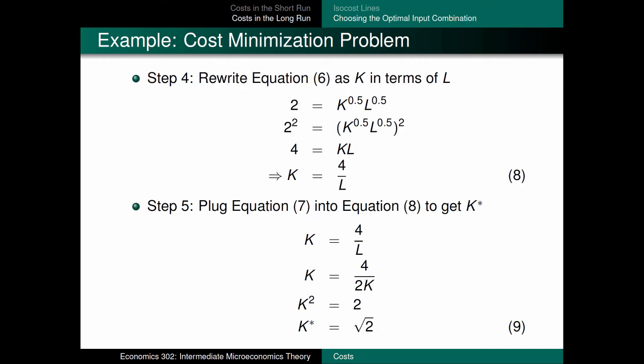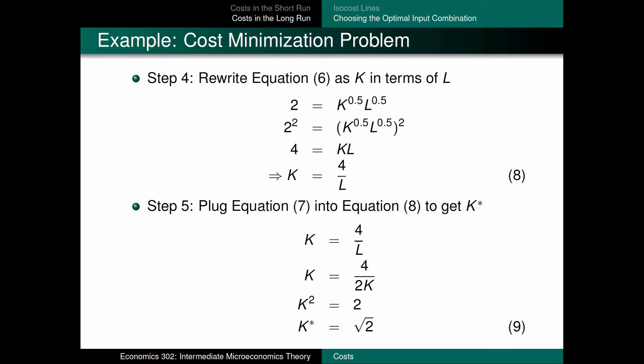Now that we were able to use the first order conditions for capital and for labor in order to get an equation for labor in terms of capital, let's use the first order condition with respect to lambda in order to get another equation in which capital is in terms of labor. So the first order condition with respect to lambda was 2 equals k to the 1/2 power times L to the 1/2 power.